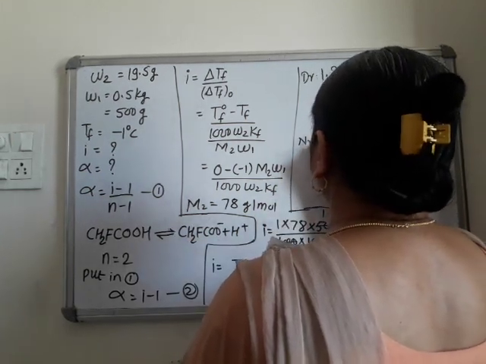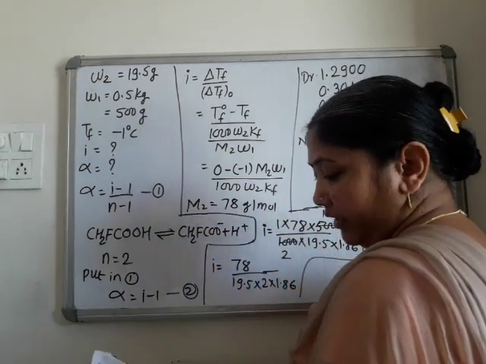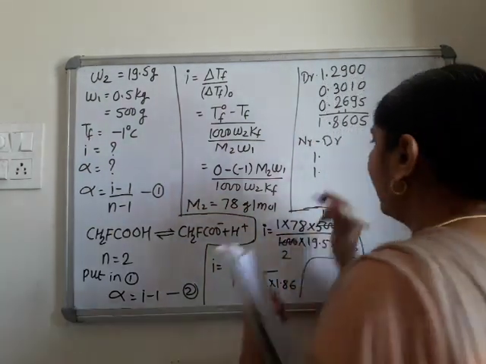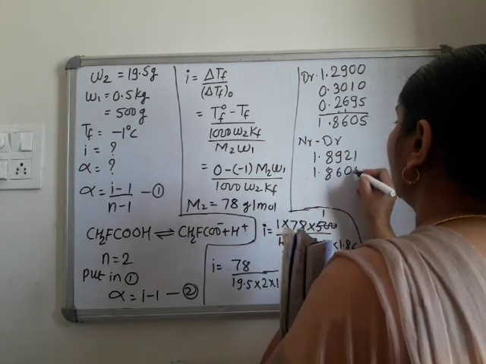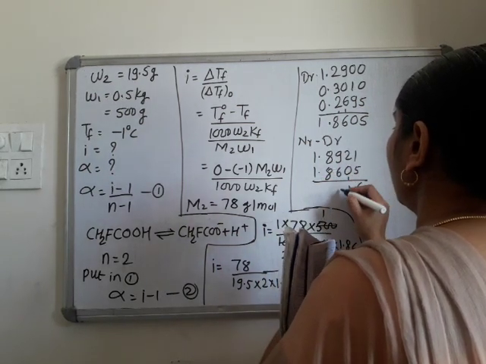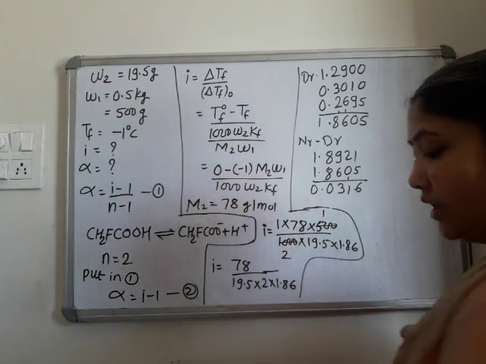Numerator minus denominator we have to do. So 78 log we require. It is 8921. 8921 minus 8605 comes equal to 0.0316.